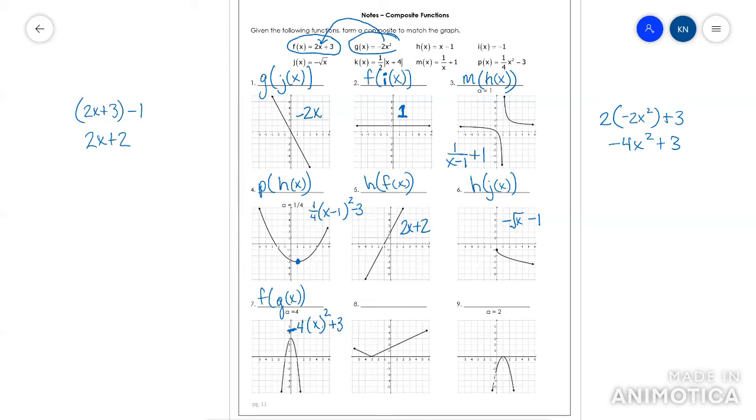Okay, this next one, I know it has to be an absolute value function. So I know I'm going to use k of x. The question is, which other equation would I use for it? So I'm going to find out the actual equation of this line.